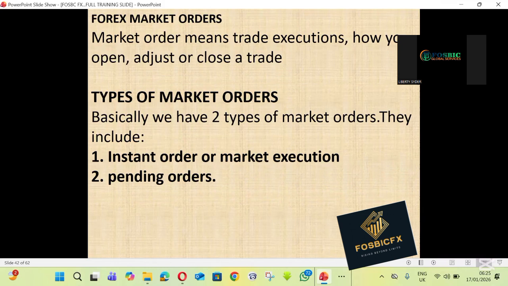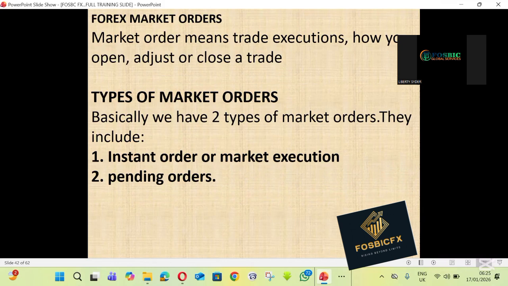Instant order or market execution simply means you buy at the available, current price of the market, you enter the market. Under pending orders, we said we have two types, right? We have limit orders and what? Stop orders. Under limit orders, we have buy limit and sell limit. Then under stop orders, we have buy stop and sell stop.